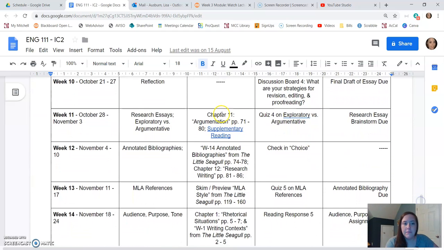So from week 3 right now until week 10, we are practicing the drafting process. We're practicing coming up with topics. By the time week 10 is over, I'm hoping you will feel more confident with coming up with things to write about, because I think that's the hardest part about writing.